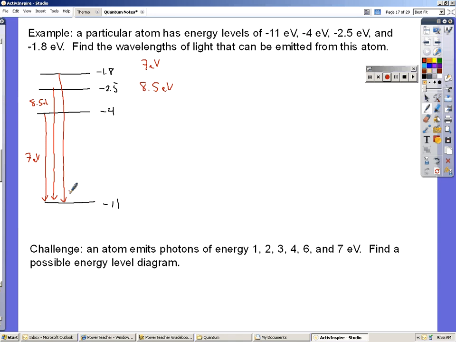This one here has an energy of 9.2 electron volts. We've also got this one, which is 1.5 eV, 2.2 eV, and last of all, 0.7 electron volts. Those are the energies of light that can be emitted, but we're asked for wavelength.